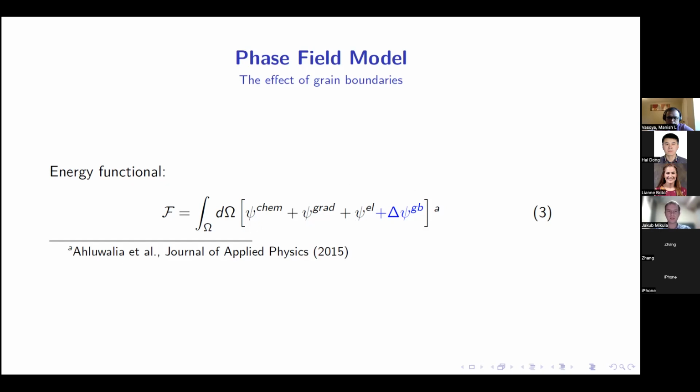What it means is that you may consider your grain boundary to be either a martensitic grain boundary or an austenitic grain boundary. We hypothesize that if the martensitic grain boundary costs more energy than the austenitic grain boundary, then the phase transformation will be suppressed because the grain boundary itself would rather remain in the austenite than in the martensite.